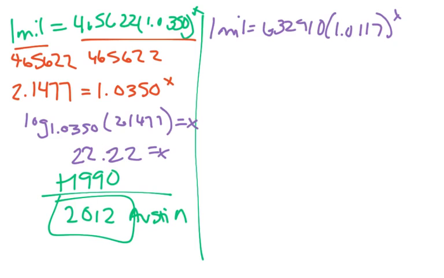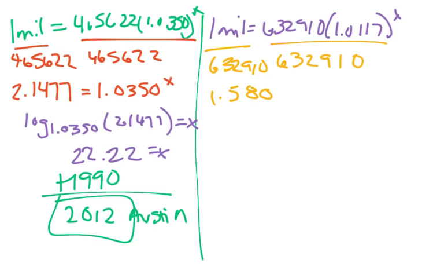Okay. And then to the next one, 632,910. So we take our 1 million with 6 zeros after it and divide by 632,910 and get 1.58 equal to 1.0117 to the x.